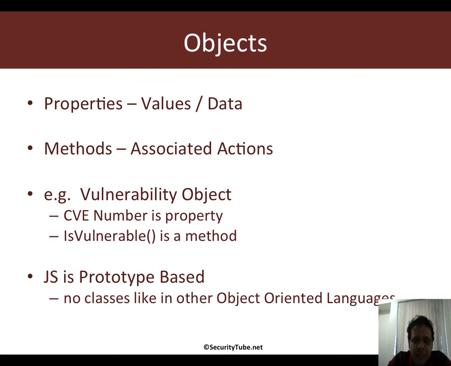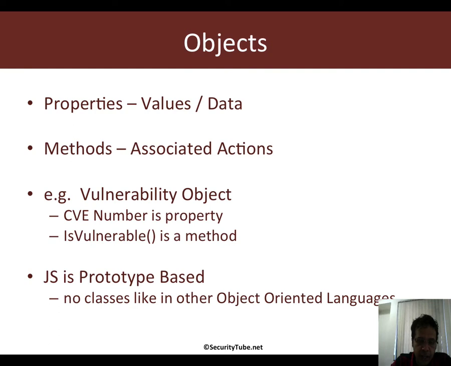Now let's say we wanted to define vulnerabilities in a proper way by grouping together different aspects of it. As an example, let's say we would want the CVE number as well as a plain text description of the vulnerability and a quick way to check if the current page is vulnerable to a certain attack.